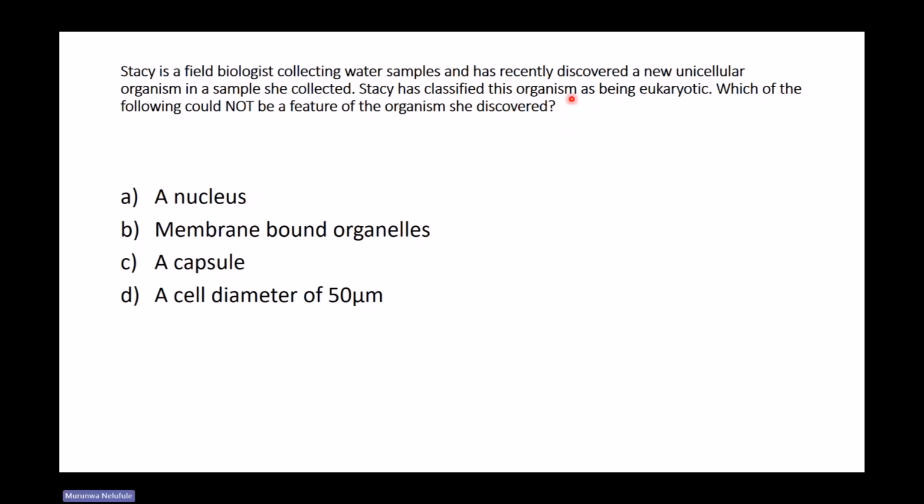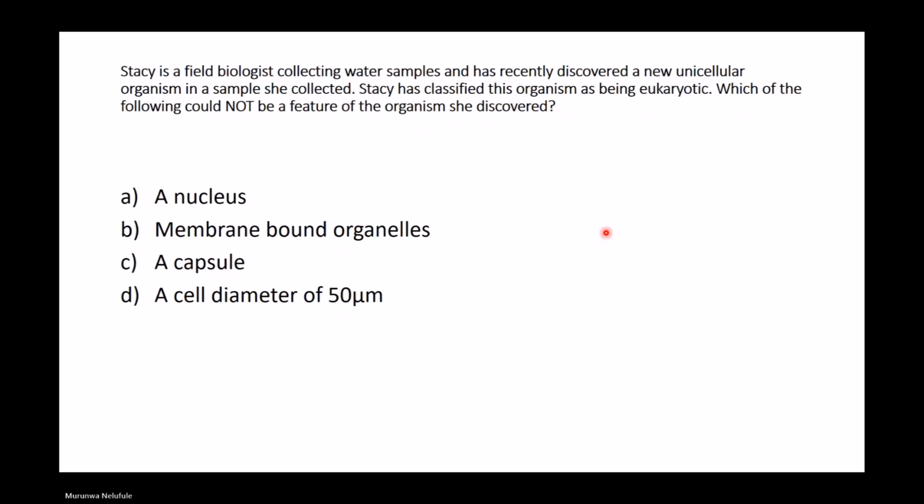In some instances, they may ask question A, she classified the organism, and give you different answers to choose from, and you will have to choose eukaryotic. After that, they make a follow-up question which could say which of the following could not be the feature of the organism she discovered in the previous question. Which means that if you miss the first question, you have completely missed this particular question. I hope I'm making sense.